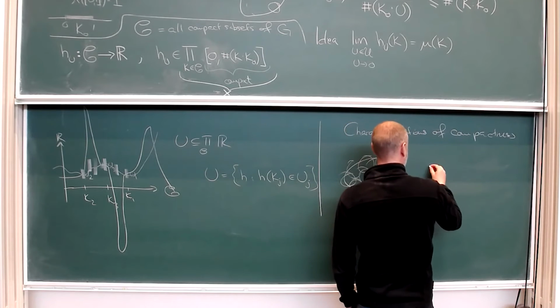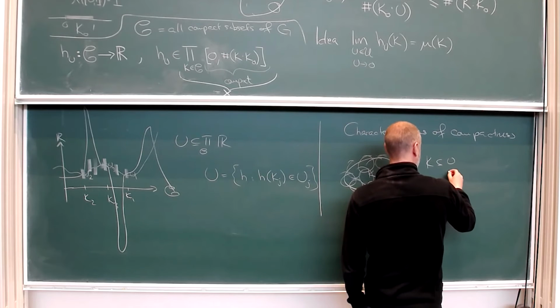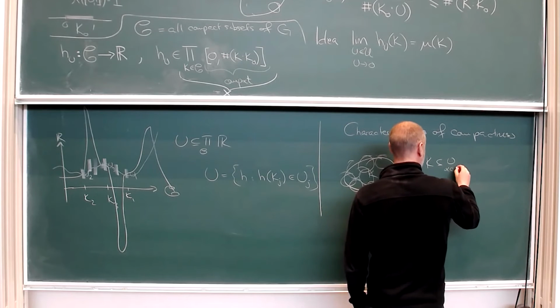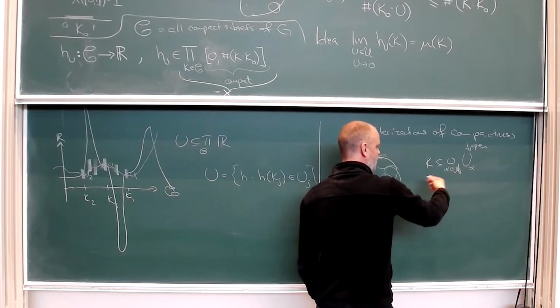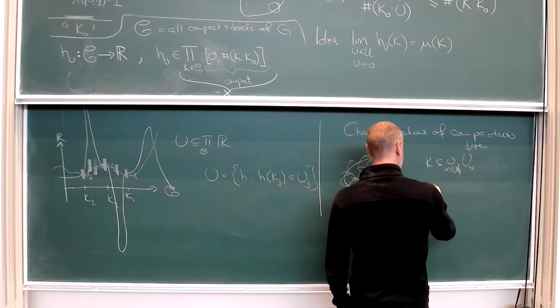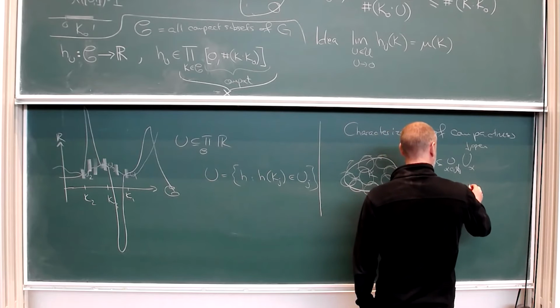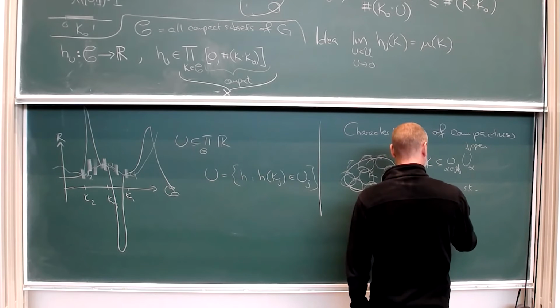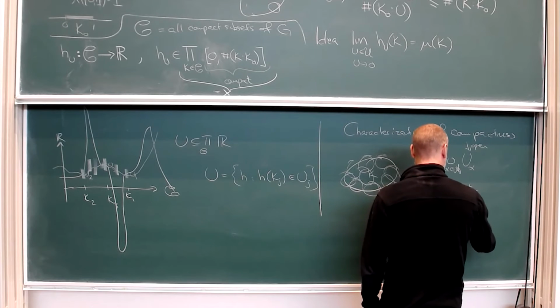So if K is a subset of the union over alpha in A of U alpha, where these are open, and A is just any indexing set, then there exist alpha 1 to alpha n such that K is a subset of the union over j from 1 to N of U alpha j.